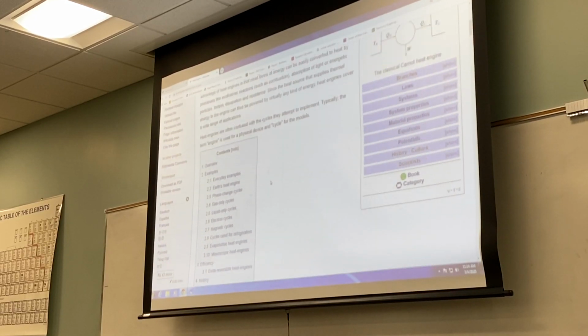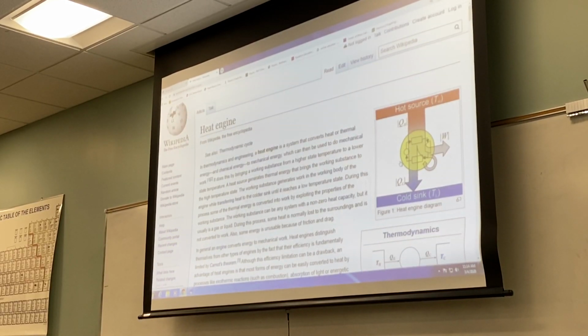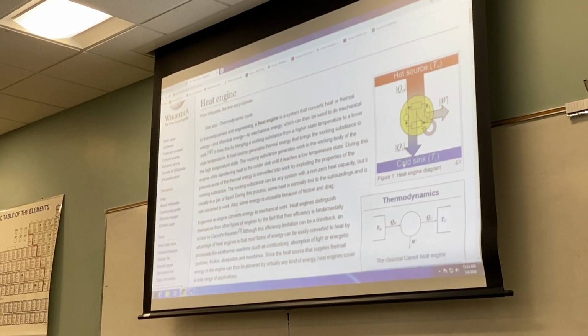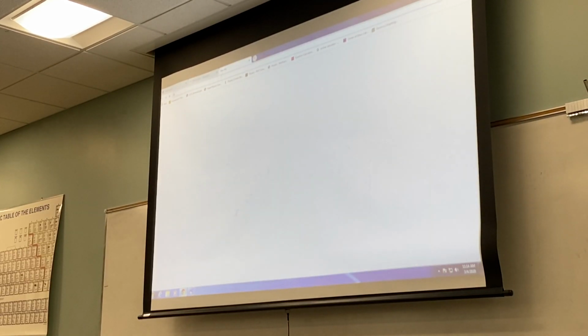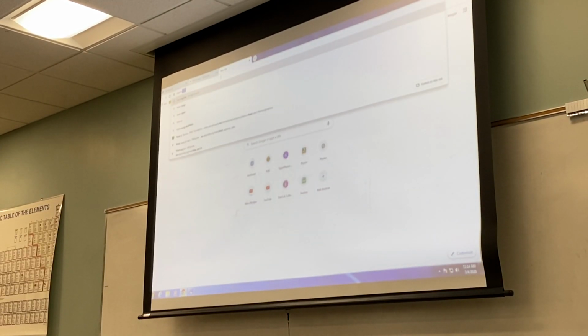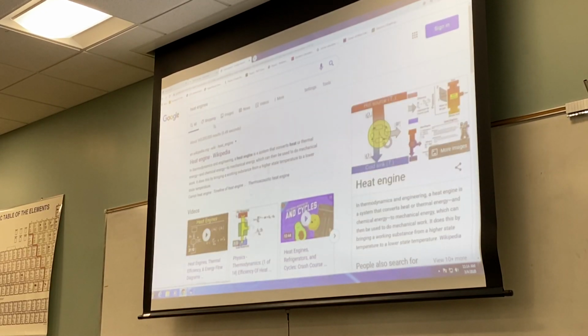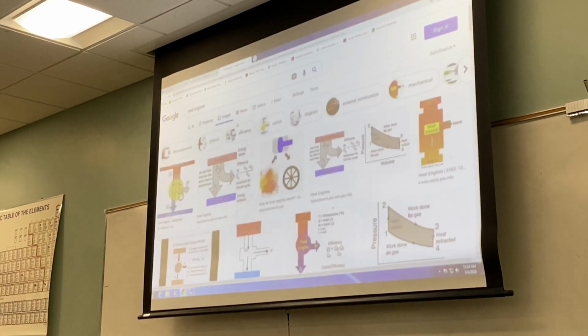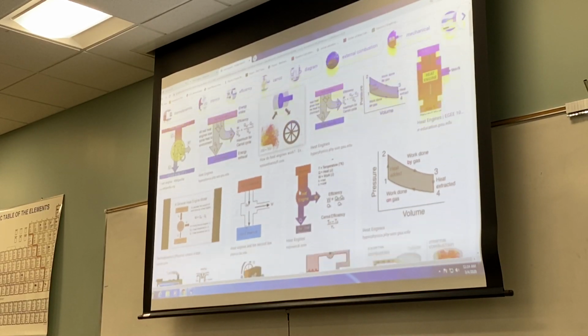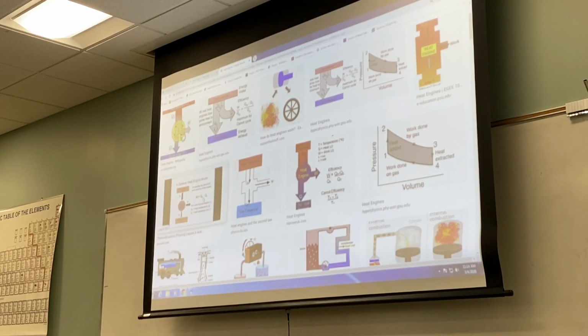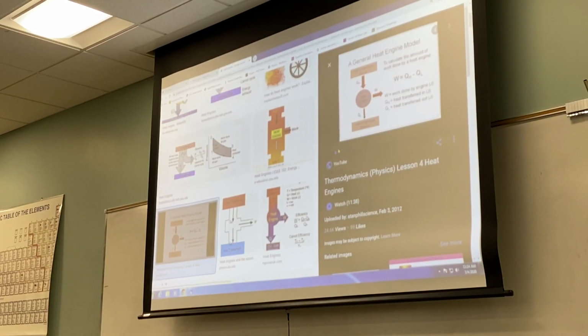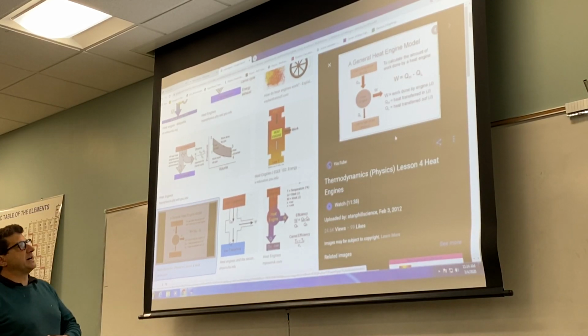First look at it, let's say like a picture. It's a general heat engine model.